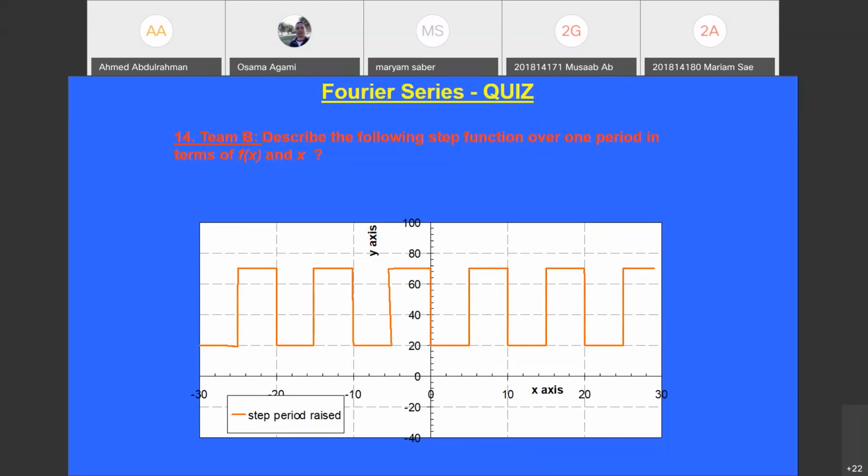And you have 5 units for this 10 value. Similar to the previous one, right? It will be the same, but plus 20. Yes, excellent. And the other one, 20 and 70, right? Because this is not the x-axis. This one is not the x-axis. The x-axis is down here, right?